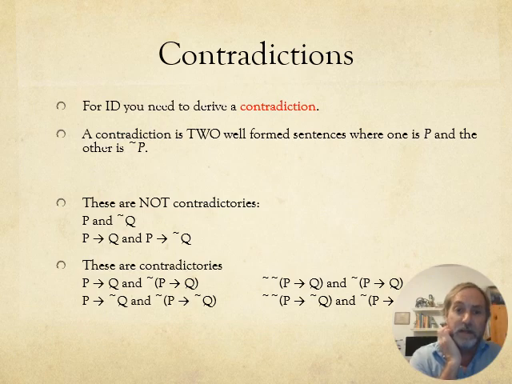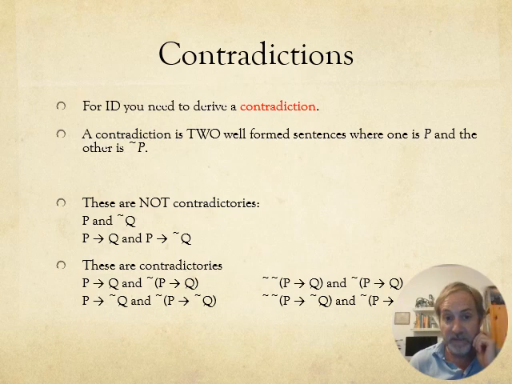So if we're doing an indirect derivation, we need to derive some kind of contradiction. And a contradiction is going to be two well-formed sentences where one has the form P and not P, and then we will combine those into a conjunction to make it very clear that it's P and not P. Not P is the contradiction of P, but of course, we can use more complicated statements, and as long as they're contradictory, those will count for an indirect derivation as well.